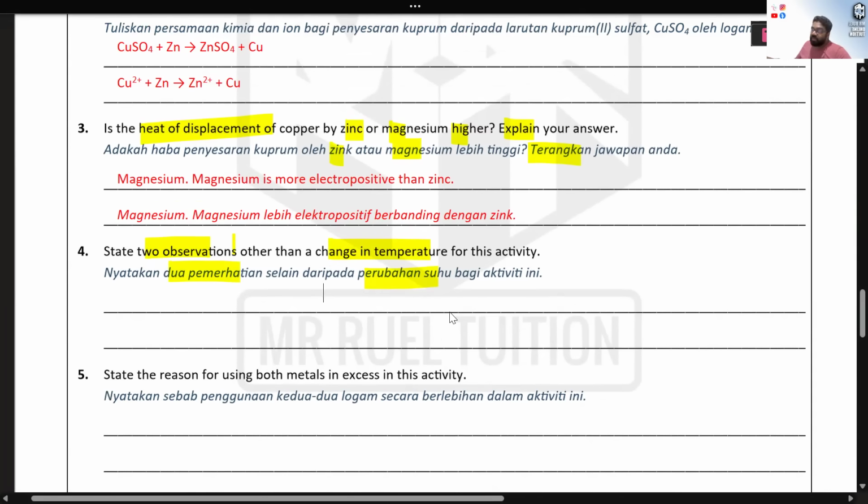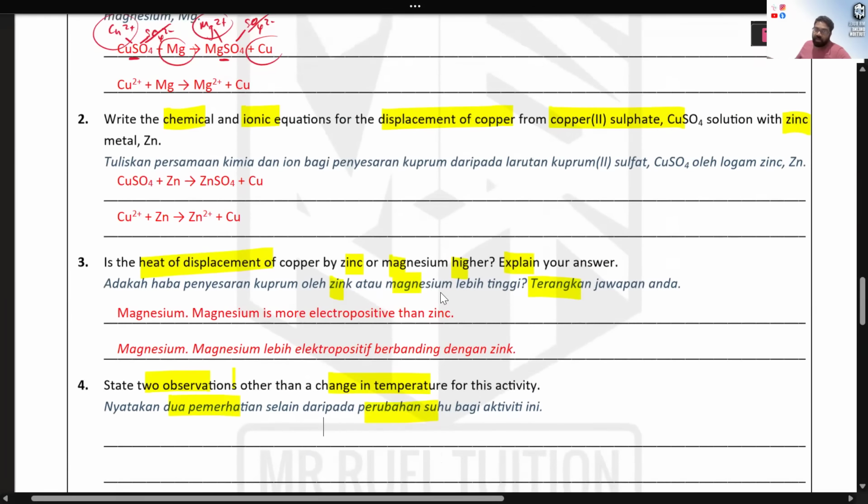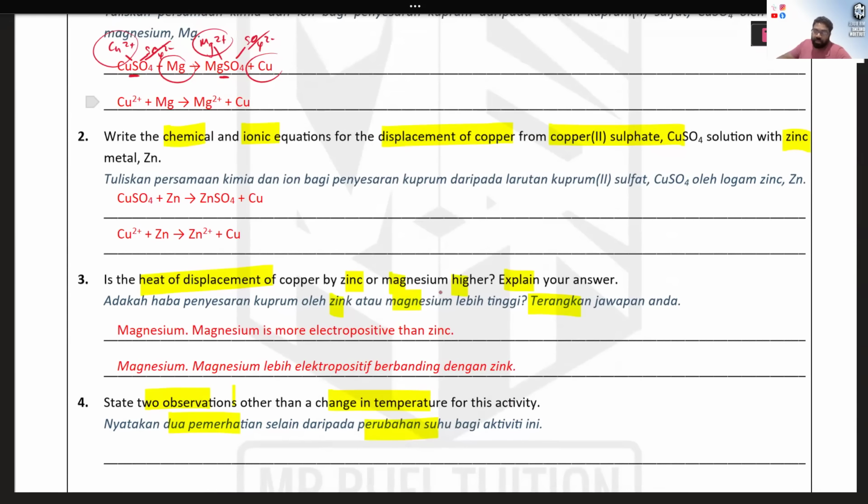So, in this experiment, whenever you have an experiment that involves copper 2 sulfate, you will already have extra observations, because copper 2 sulfate is a blue color solution, right? If you look just based off the ionic equations, you can see very clearly here. Copper 2 ion is blue.